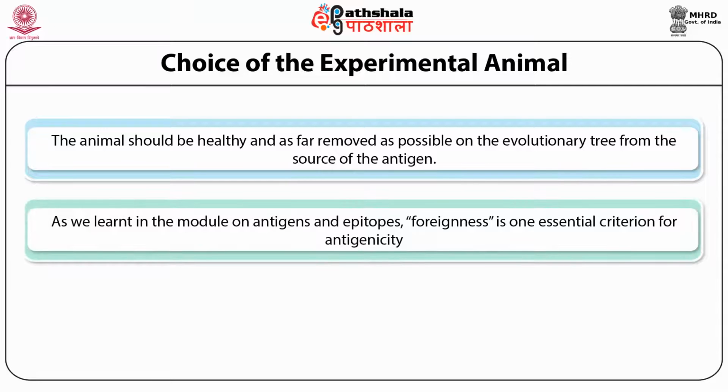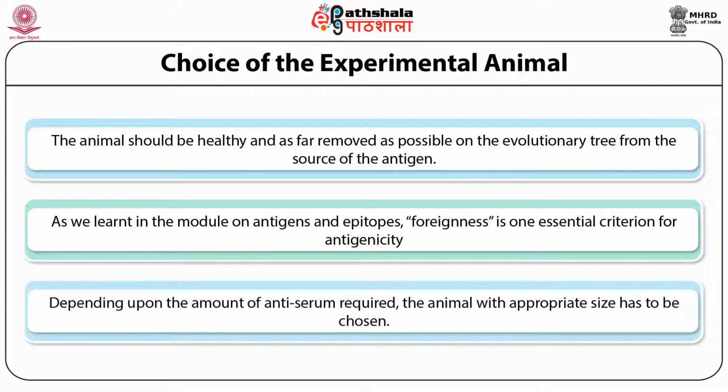As we learned in the module on antigens and epitopes, it is the foreignness which is an essential criterion for antigenicity. So, if the animal and the animal from where this antigen is sourced are evolutionarily close, then a good immune response by the experimental animal is not obtained.